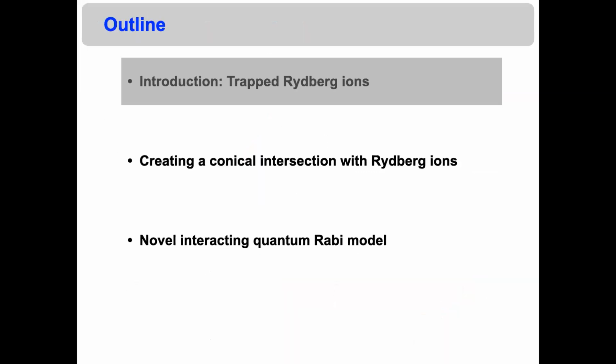Now with this background, we can still have the Rydberg interaction and also the additional trapping potential. Benefiting from these properties, we want to create a conical intersection using a pair of trapped ions. Then I will also show that we can see some very interesting Rabi model dynamics.